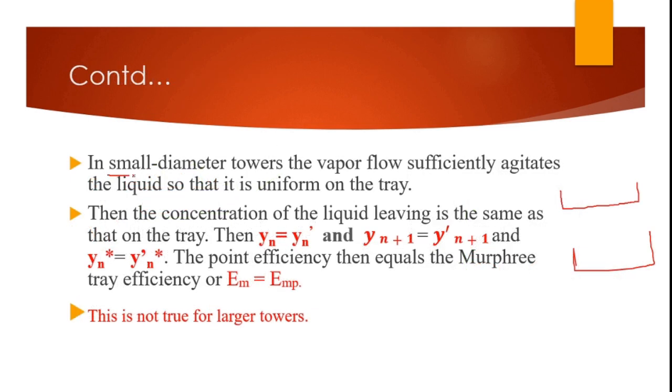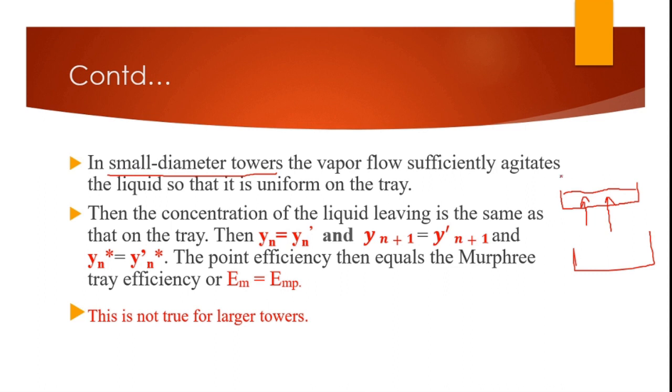For a smaller diameter tower, the liquid on a particular tray, let's say this tray, is perfectly mixed by the vapor that is coming into this tray and bubbling through it, which results in a perfectly mixed state.